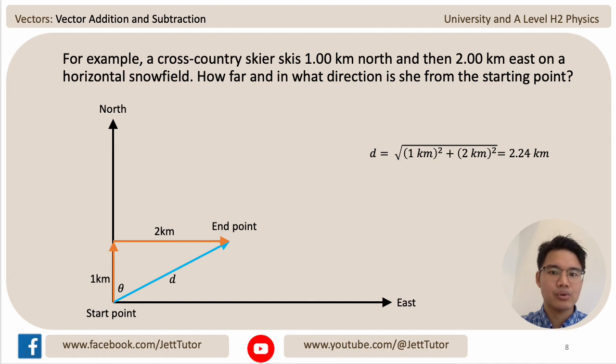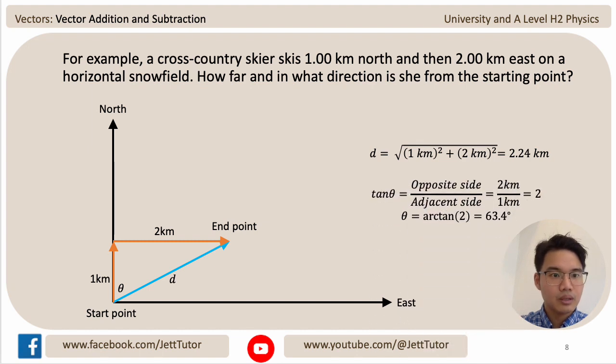What is the angle of the resultant vector with the north axis? Tan theta equals opposite side over adjacent side, equals 2 kilometers over 1 kilometer, equals 2. So theta equals arctan 2, equals 63.4 degrees.